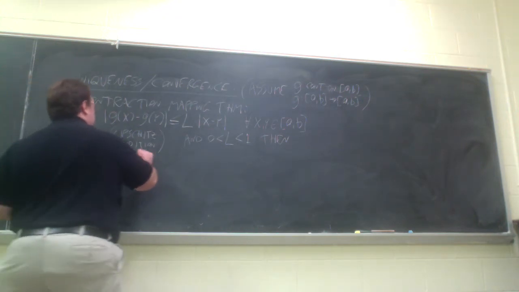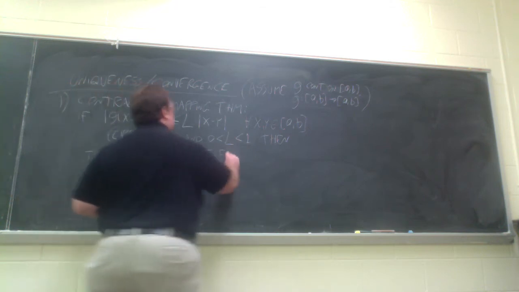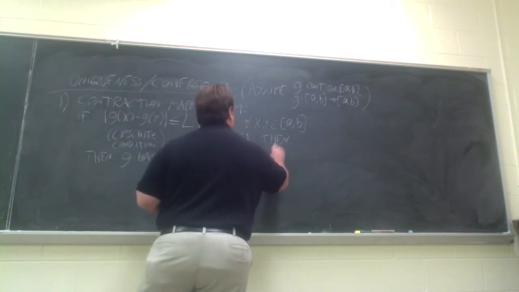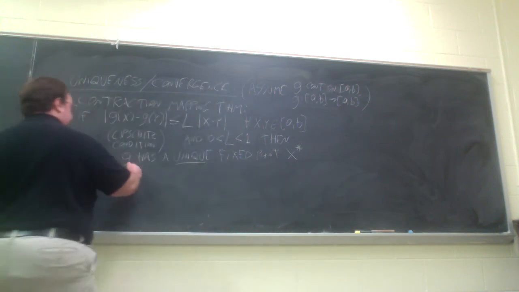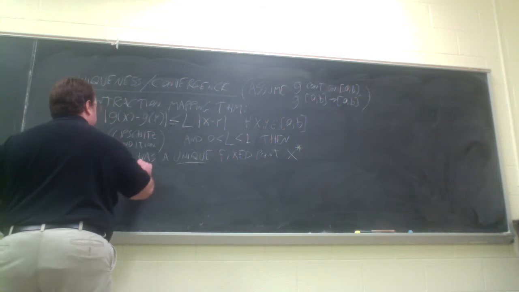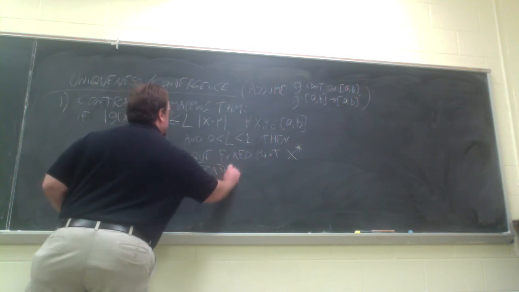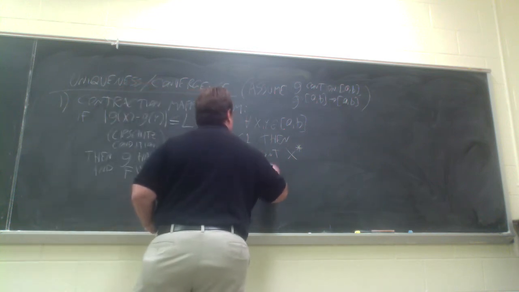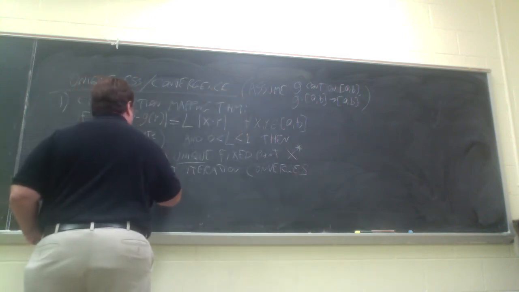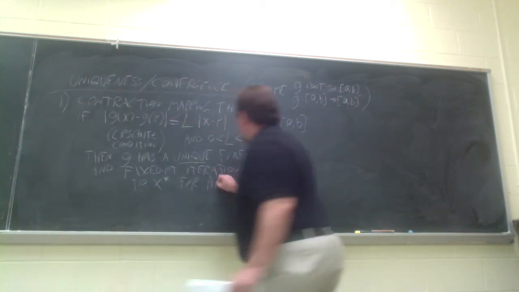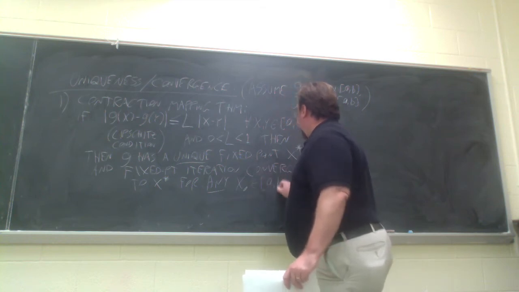But now we know that G has a unique fixed point, x star, and what's more, fixed point iteration is guaranteed to converge to x star for any choice of our initial guess x naught, at least if we choose it in AB.